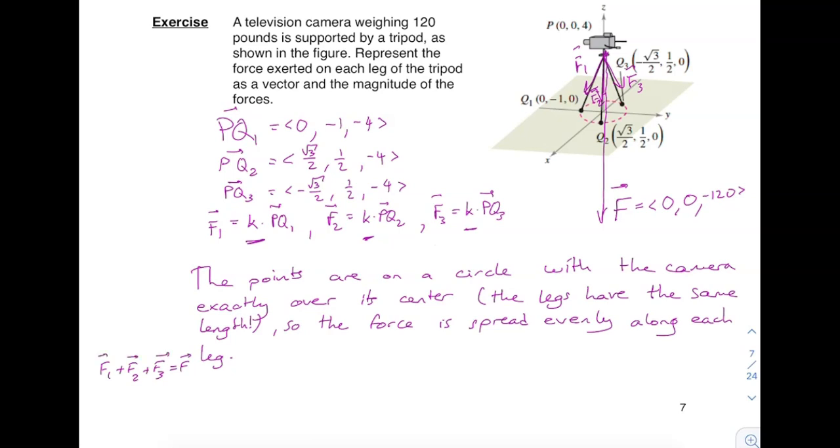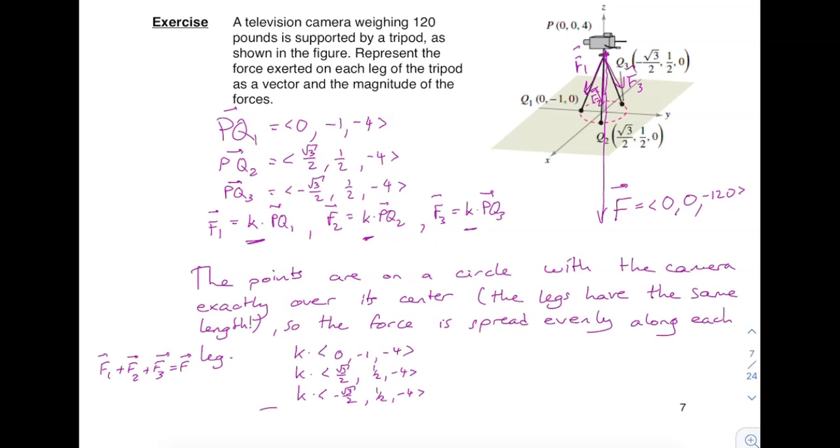To see better what's happening, I'm going to write F1, F2, F3 in a column. So F1 is K times 0, negative 1, negative 4. F2 is K times root 3 over 2, 1/2, negative 4. And F3 is K times negative root 3 over 2, 1/2, negative 4.